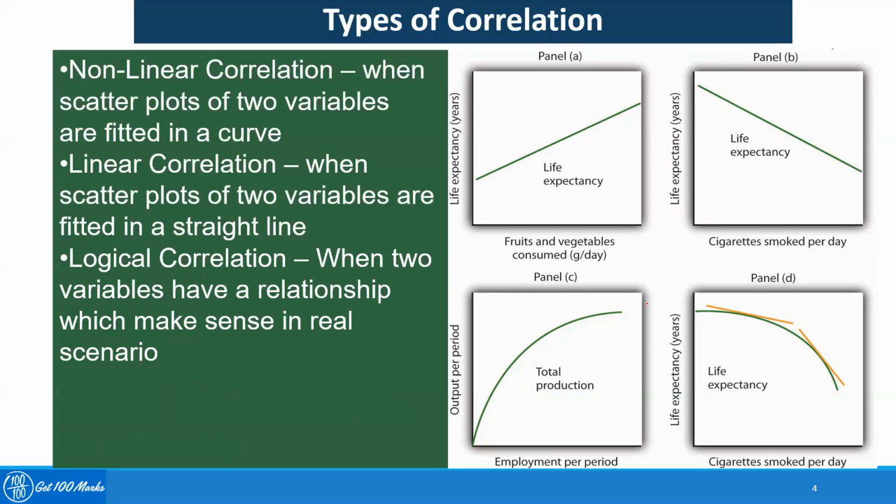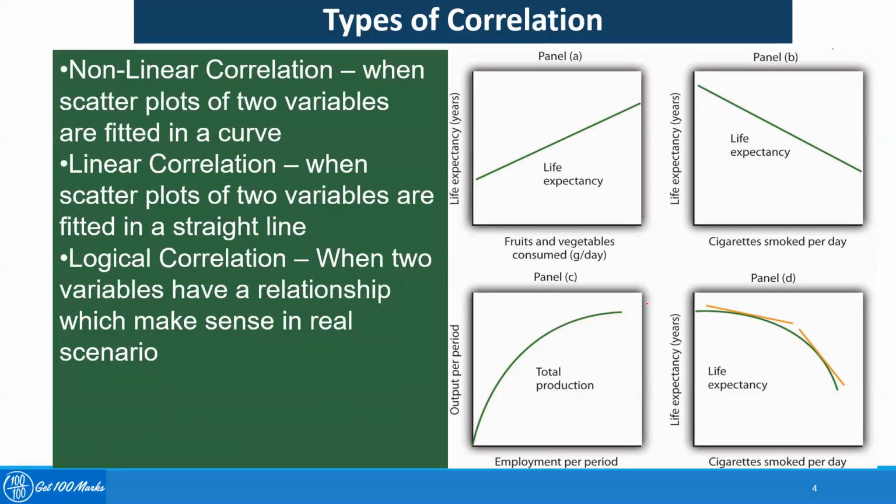There is a third type of correlation which is called logical correlation. When the correlation between two variables is not only mathematically defined but also logically sound, making real sense in the real scenario, then it's called a logical correlation. Now please be careful why we are using the word logical correlation.